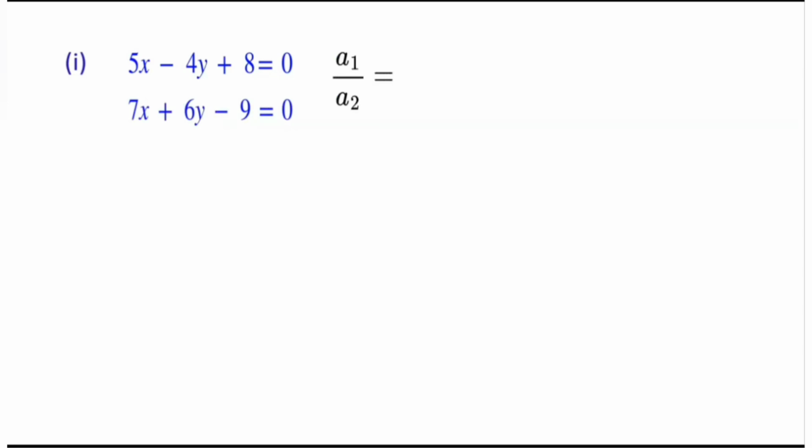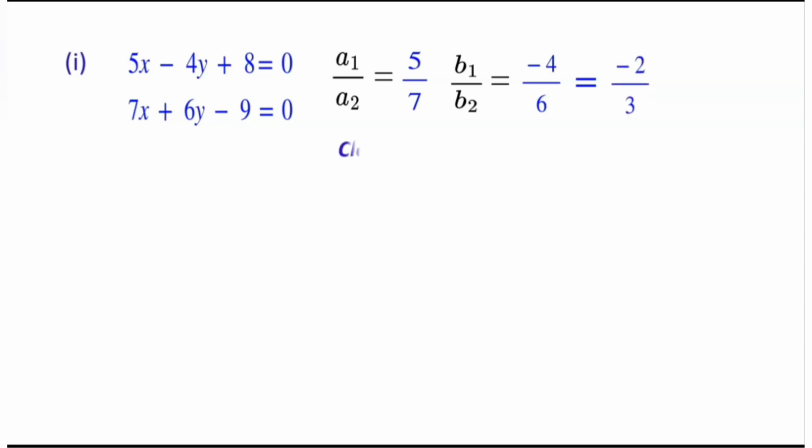Let us write that equation once again and find out a1 by a2 and b1 by b2. So these are the two equations we have. Let us find a1 by a2, the ratio of coefficients of x, which is 5 by 7. Similarly let us find b1 by b2, which is minus 4 by 6, which you can simplify as minus 2 by 3.